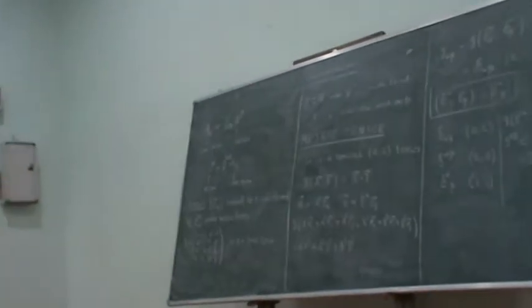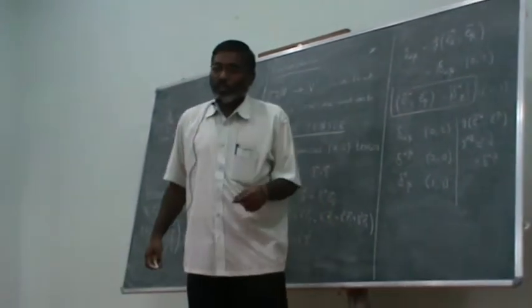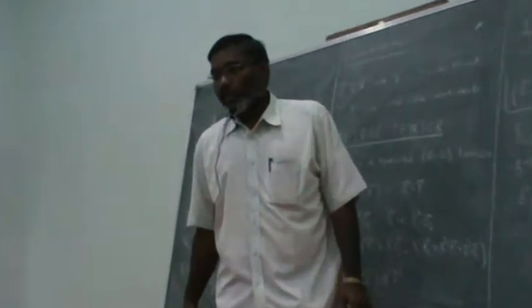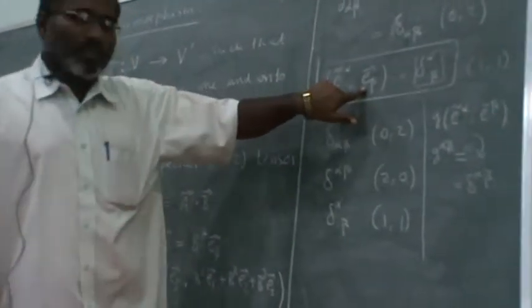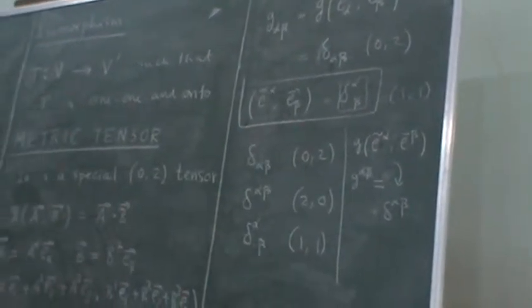As I told you, basis is not unique. You can define any set of linearly independent vectors as basis, but once you choose a basis in the vector space, correspondingly you can define a basis in the dual space. So these two are linked. You can choose arbitrarily any basis in the vector space. Corresponding to every basis, there will be a reciprocal basis here.